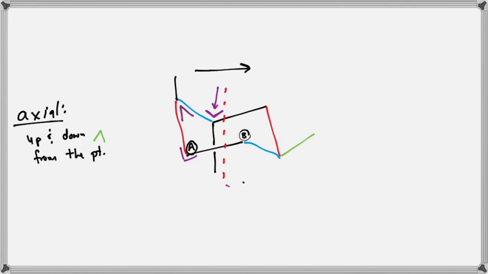The only atoms that are in the page, let me try orange, these orange atoms are in the page, which is another aspect to this. We have to be aware of that three-dimensionality, and ultimately it's irrelevant to the question we're being asked. We just want axial and equatorial, up and down.